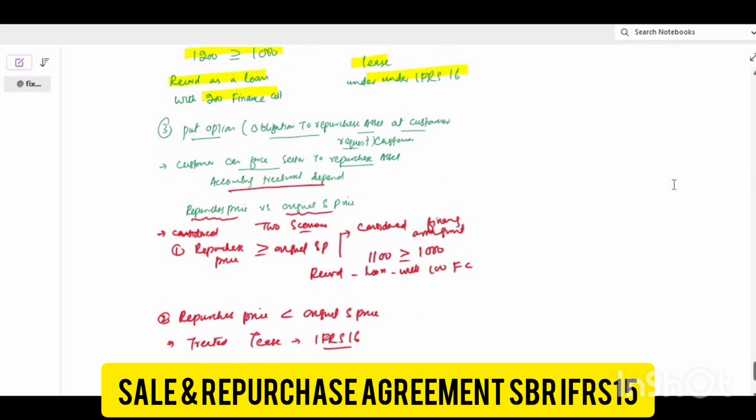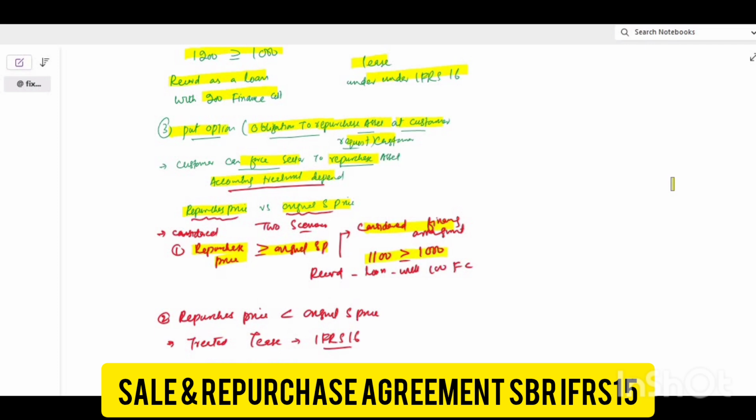Then, if you have a put option, it means an obligation to repurchase the asset at customer request. So the customer can force the seller to repurchase the asset, and the accounting treatment depends on the repurchase price versus the original price. So if the repurchase price, let's say, is greater than the original selling price, then you will consider it as a financing, meaning a loan.